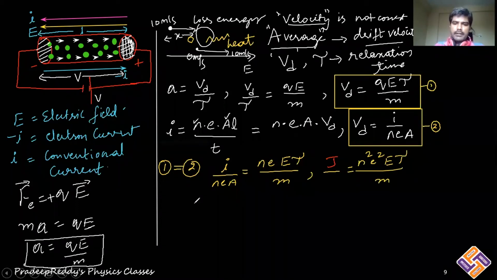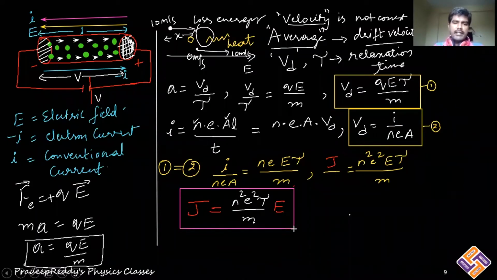So from here you can write capital J is equal to n squared e squared tau divided by m into capital E. This is one more expression we have got.